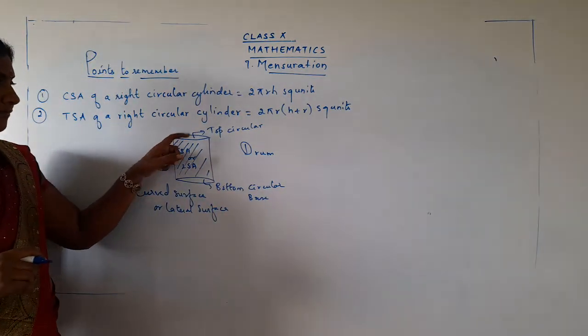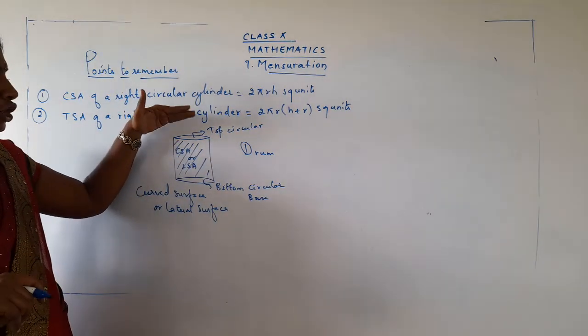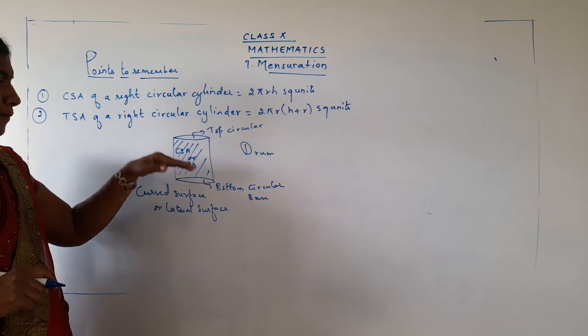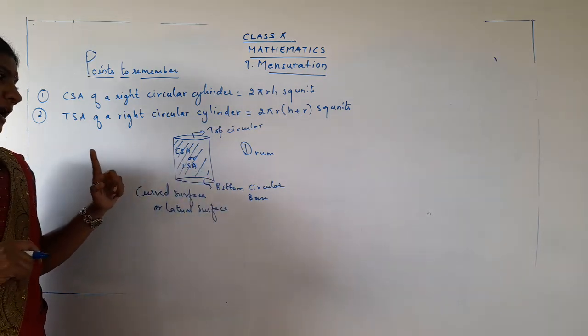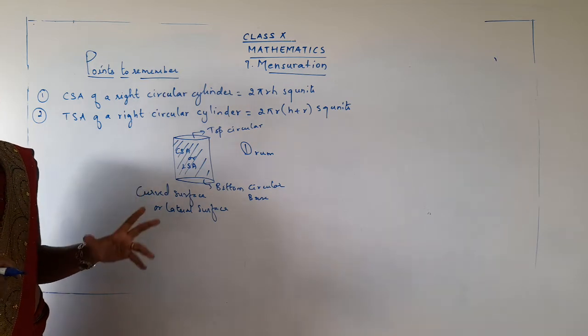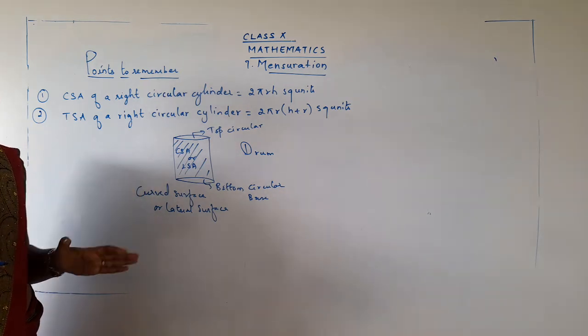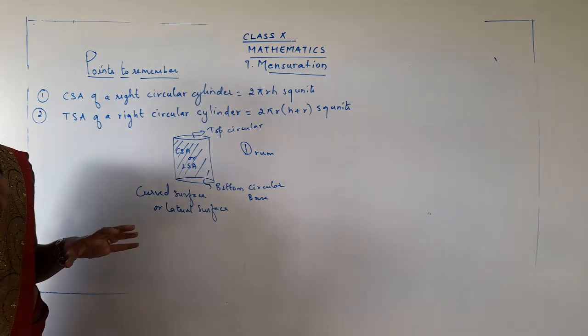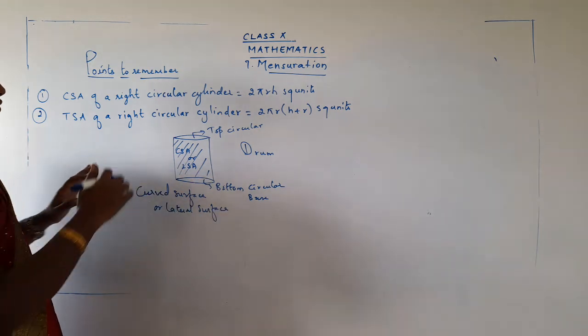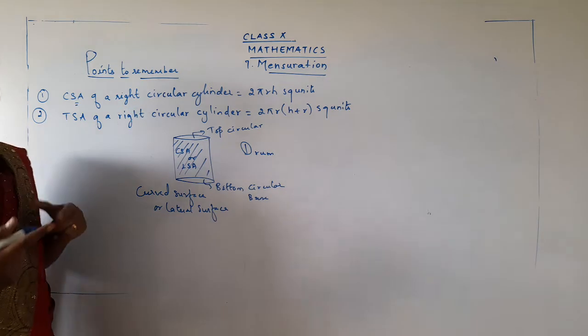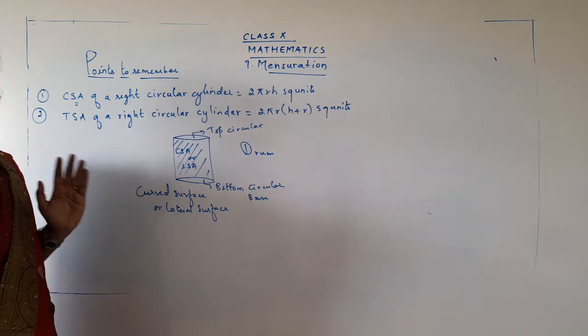So this is the area. The area between the top circular base and the bottom circular base gives you the curved surface area, and we can call it CSA, curved surface area, or LSA, lateral surface area. Now what is the total surface area?